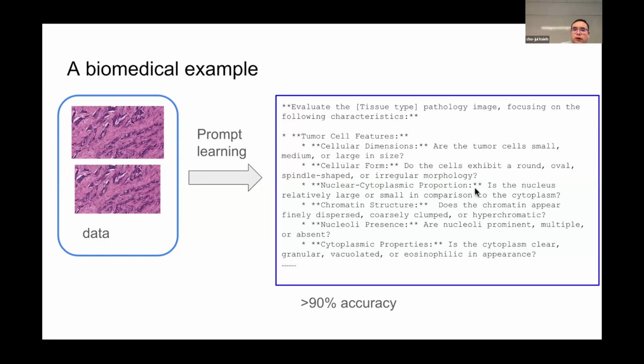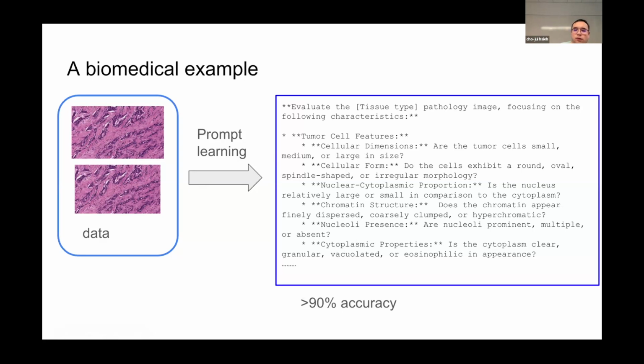So we know all the information learned from data is in this prompt. And so when you make a prediction, you need to look at some of these features, and when the features have some symptom, that means there's a cancer.